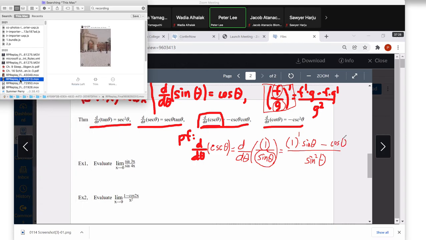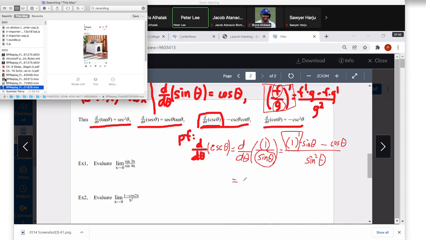So we get this. Now, what is the derivative of 1? It's 0. So the entire first term goes away, and that leaves this. Let me put a minus in front of it, and then this here.